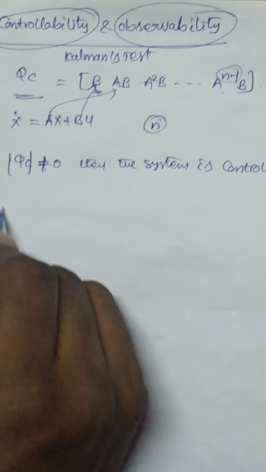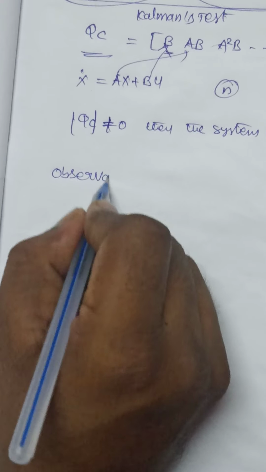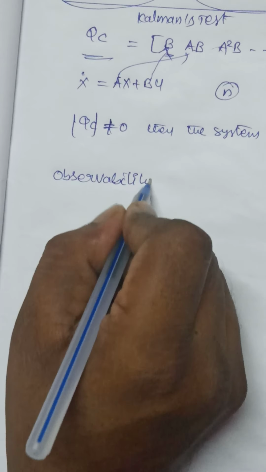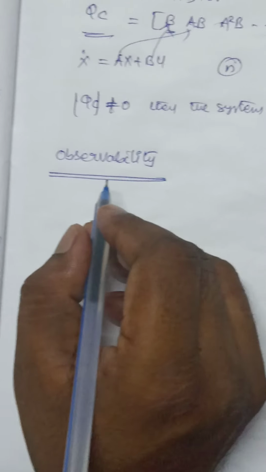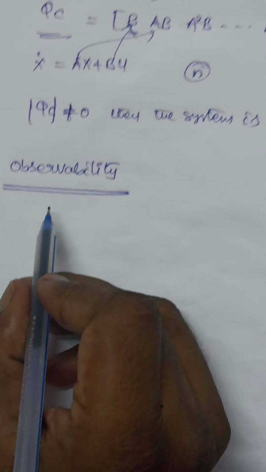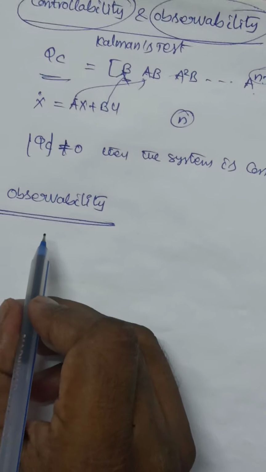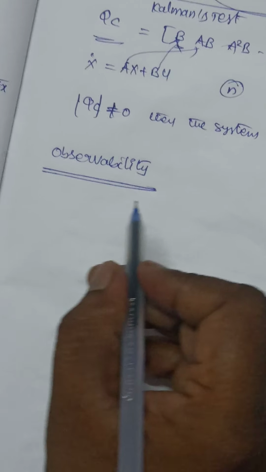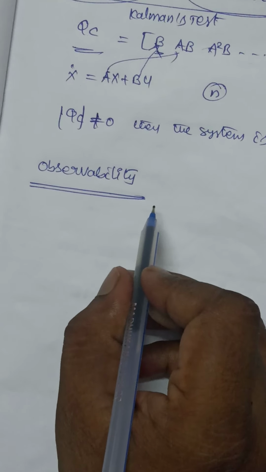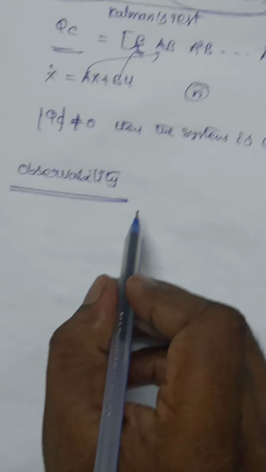Next one, observability. The system is said to be observable if it is able to determine the initial states of the system from the outputs of the system within a finite duration of time.